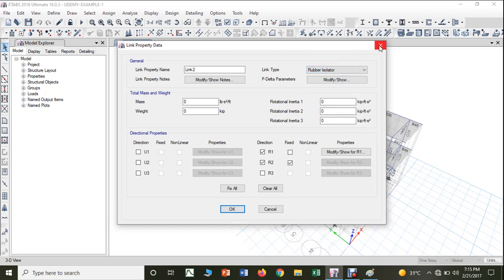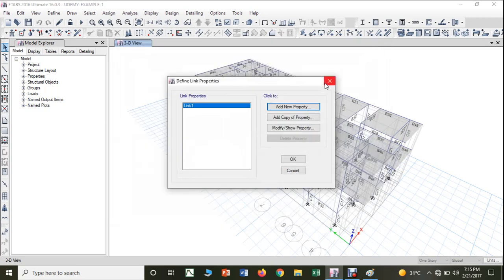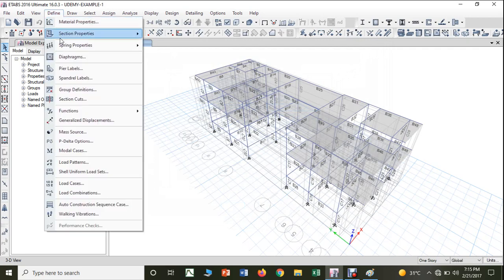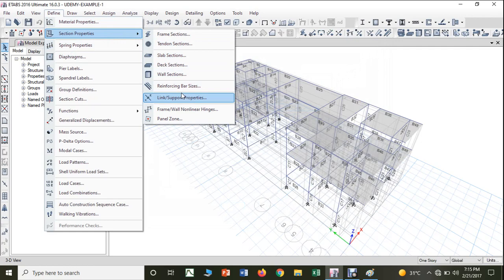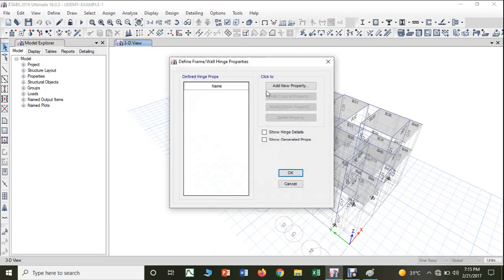Anywhere we can use this. So that is about another important defined property, what we call the link support property. The next you have is the frame or wall non-linear hinges.